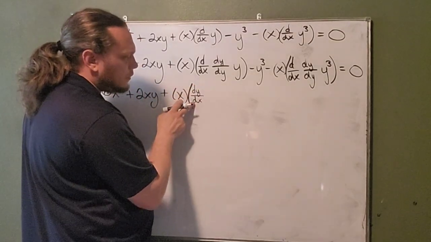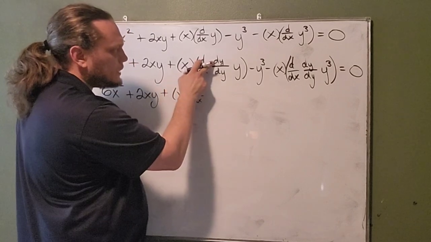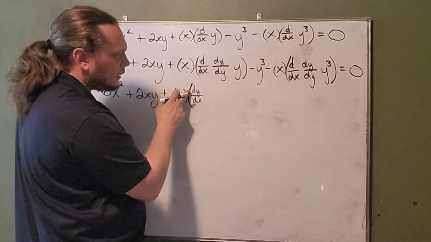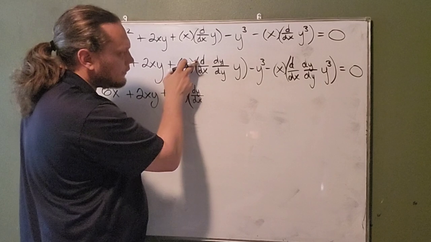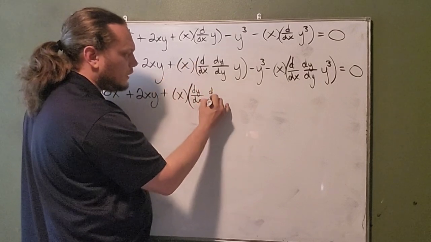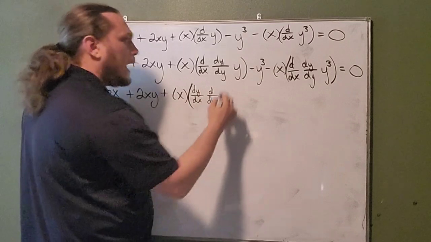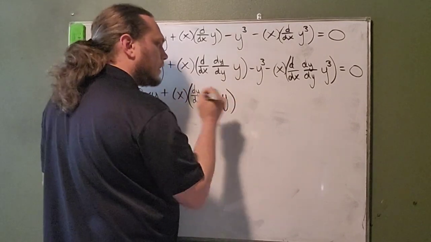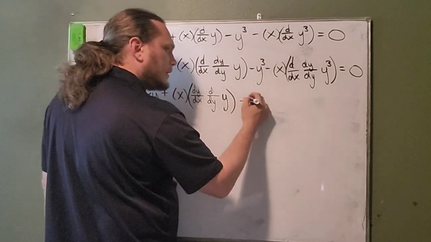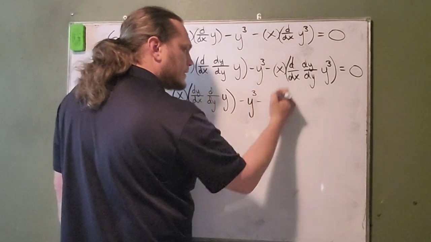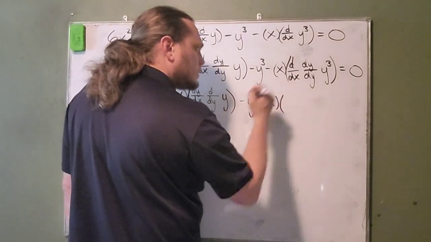See, I got the dy over dx, so now that's the dy right there, okay? And that dx goes right there. Now I've got this d, and I'm going to move the d over here. See, dy, like that, dy. And that's of y, just like that, all right? Minus y cubed, minus, again, that x stays in its parentheses, all right?